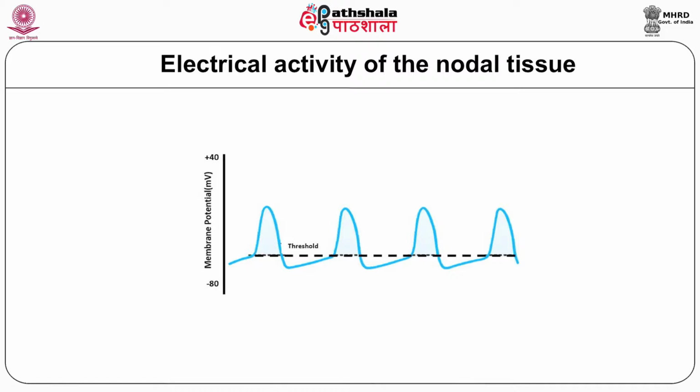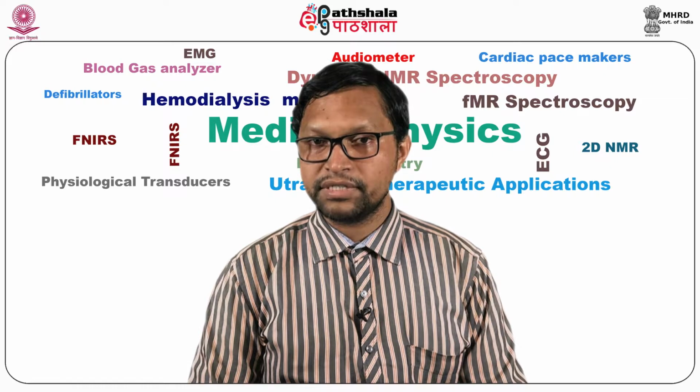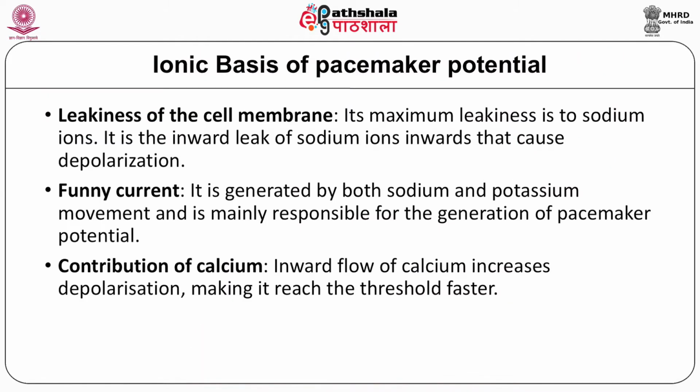Figure number 2 depicts the rhythmic electrical activity in the SA node. Let us discuss the ionic basis of pacemaker potential. There are various important things, but we must know the leakiness of the cell membrane.